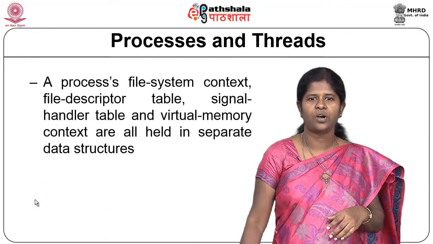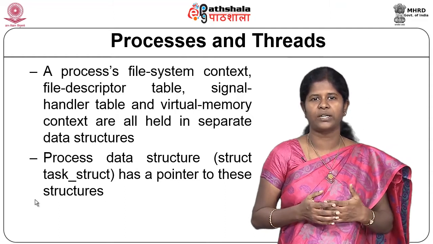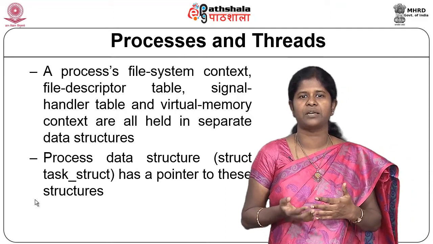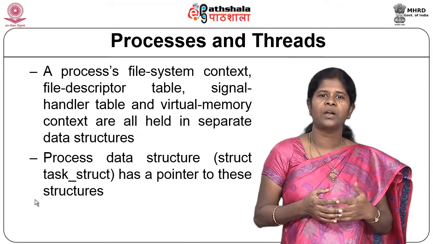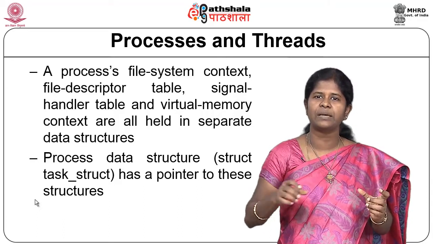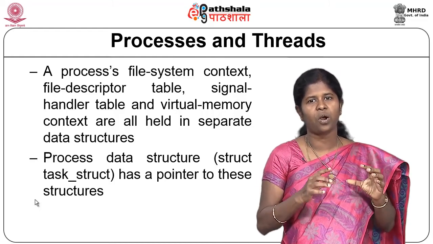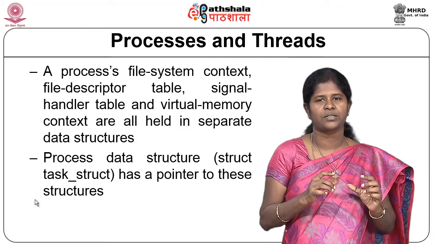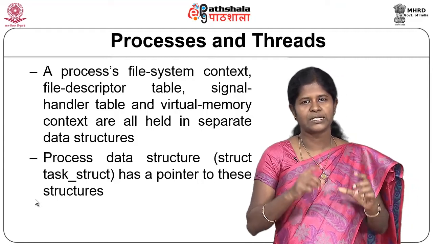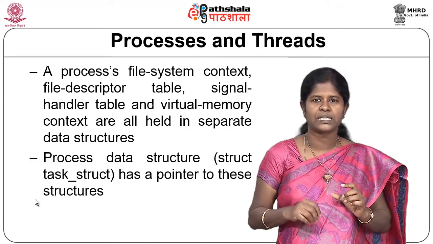As we saw earlier, we had the file system context, the file descriptor table, signal handler table, virtual memory context, and so on. All these are held in separate data structures. And there is one common data structure called the task struct. That structure, task struct, will have a pointer to all these data structures.